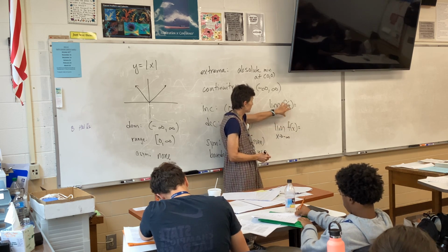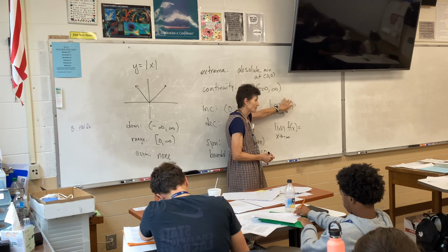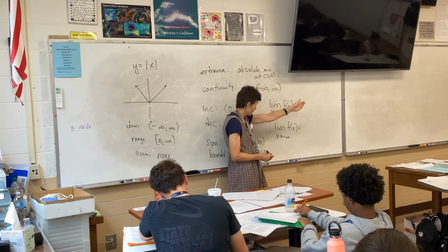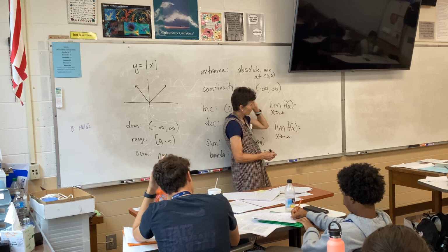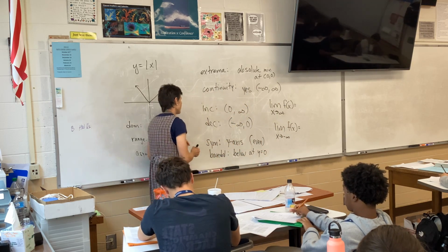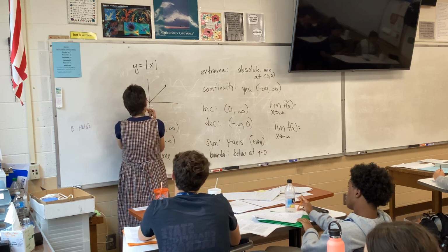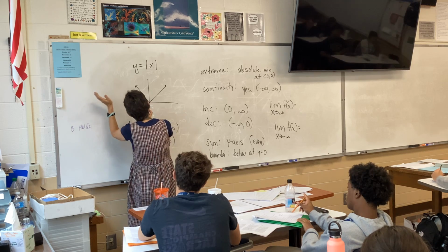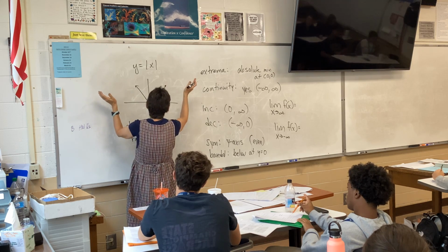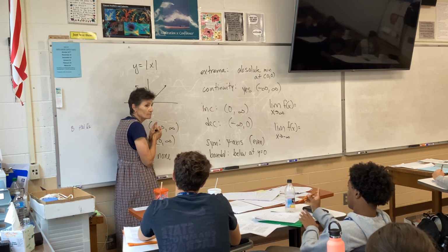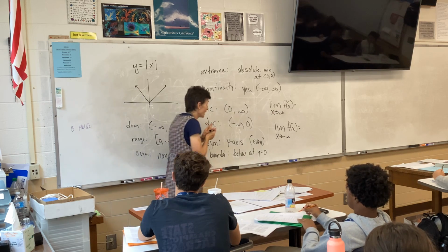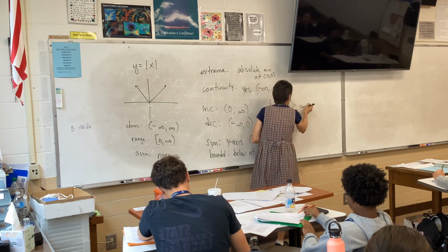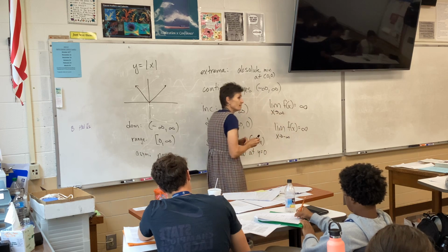So it's the limit of the y values as x goes all the way to the right and as x goes all the way to the left. So let's look at our picture. What do you think? As we go all the way to the left and all the way to the right, what's happening? Infinity. We're heading off into space, right? Both of them are going to positive infinity.